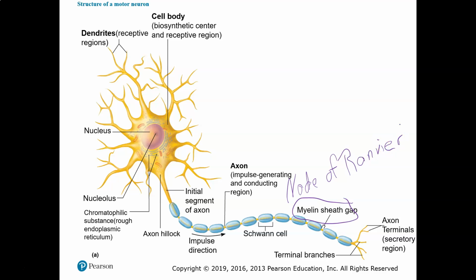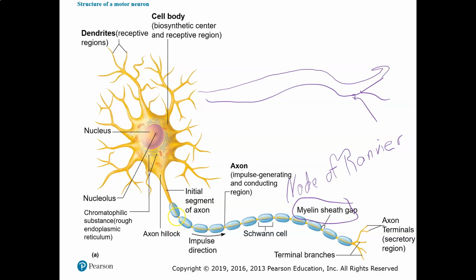Again, that's pronounced node of Ranvier. And so what happens is, if you had a regular axon with no myelination, I know I'm not drawing it exactly like the one down there, but let's just say you have an axon with no myelination. The electrical impulse has to propagate or travel all through that axon.